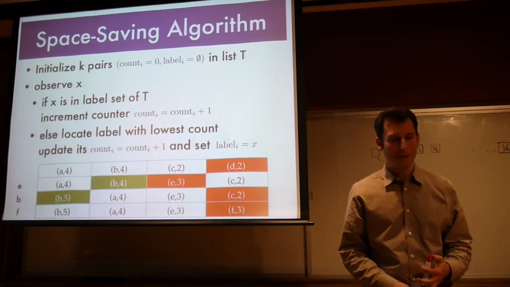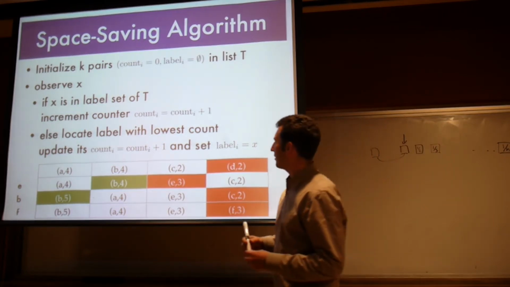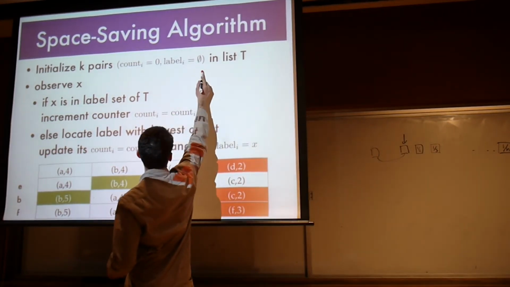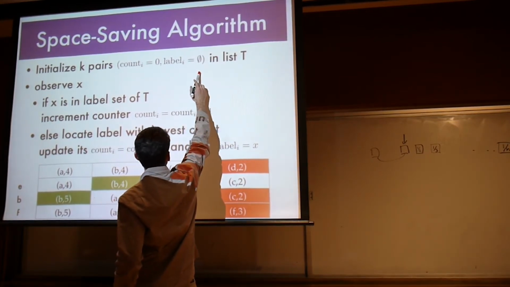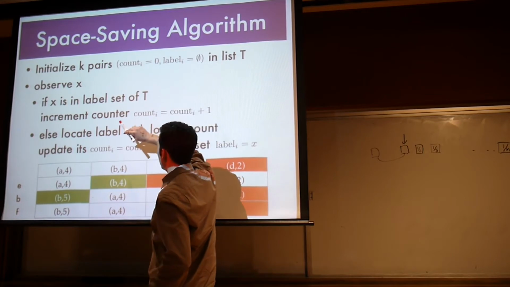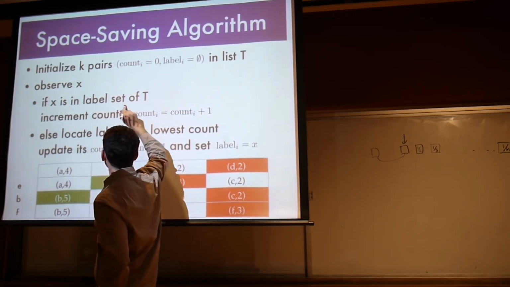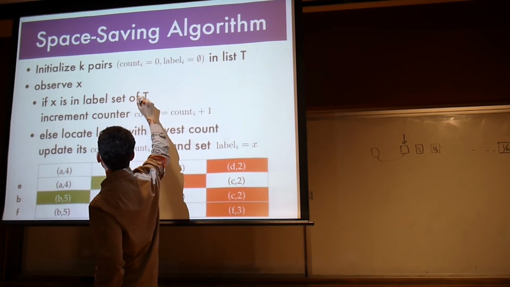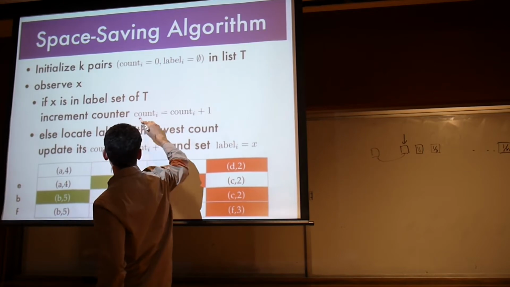So, here's a simple algorithm. I take a table of k counts and corresponding labels, and I initialize it to be empty. Now, I observe an instance, and if this instance is in the corresponding label set of my data structure, then I go and increment the counter by 1.